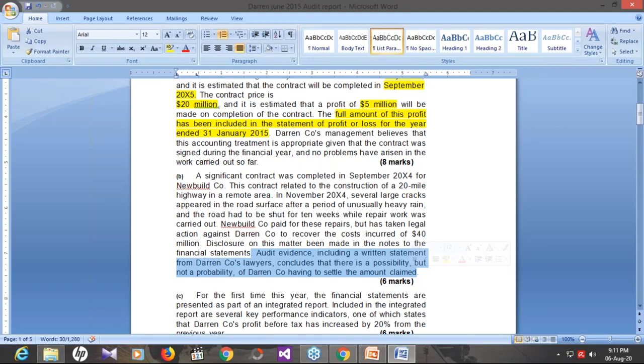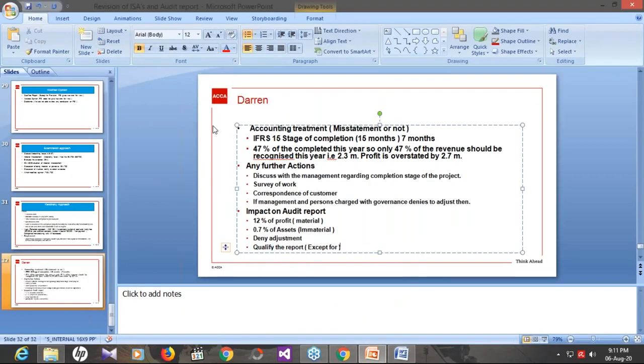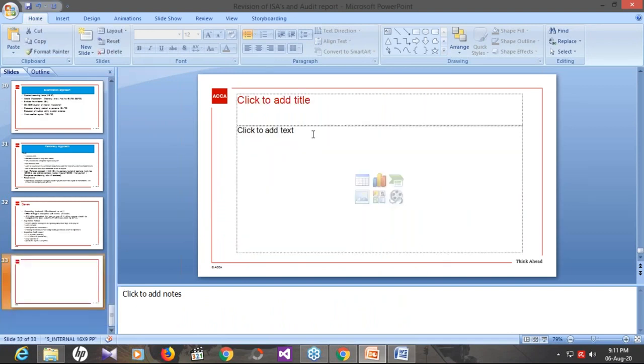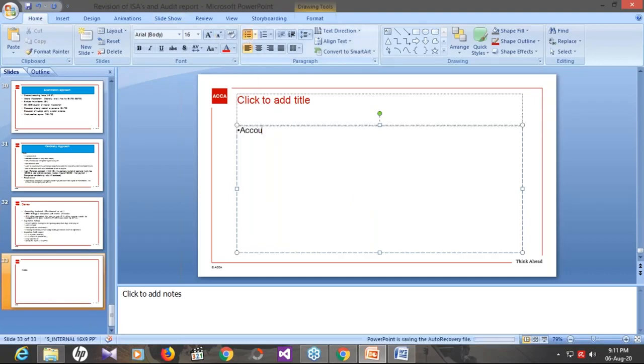So what you have to do is apply this format. First of all, we need to discuss the accounting treatment here, that is IAS 37.